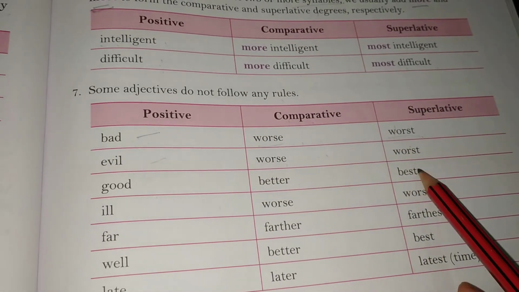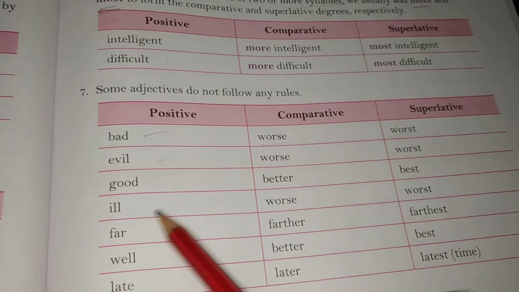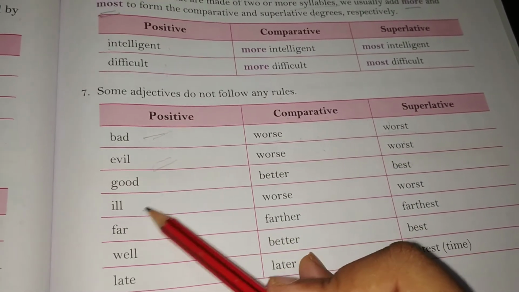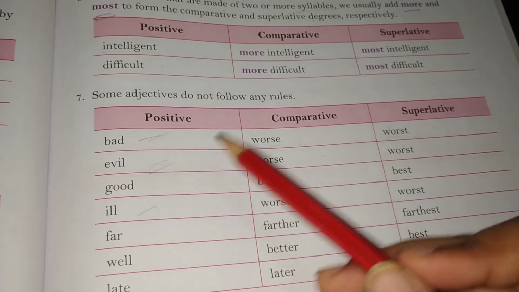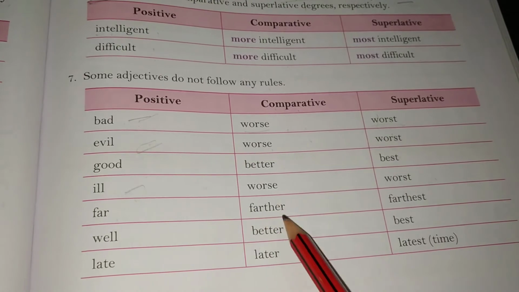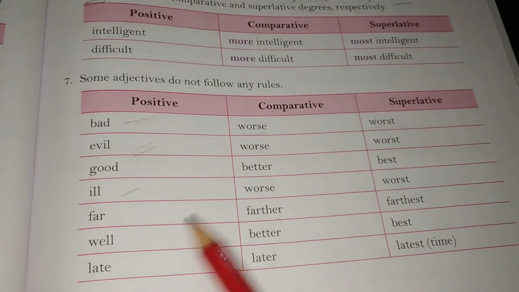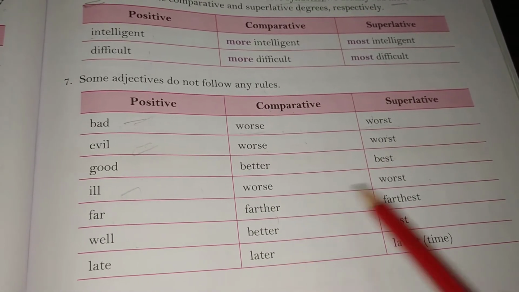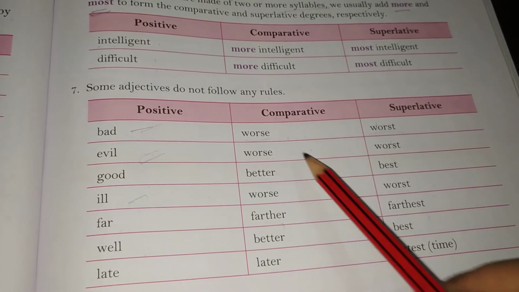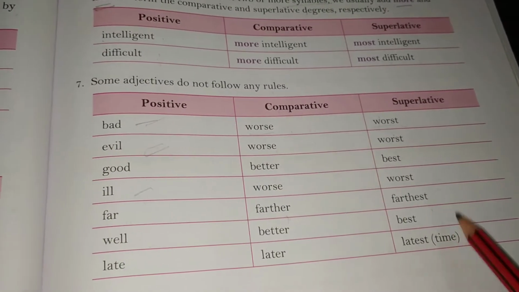Good, better, best. Ill, worse, worst. As you can see, bad, evil and ill all have the same comparative and superlative degrees. Like far, further, furthest. Well, better, best. Good and well have the same comparative and superlative degrees.